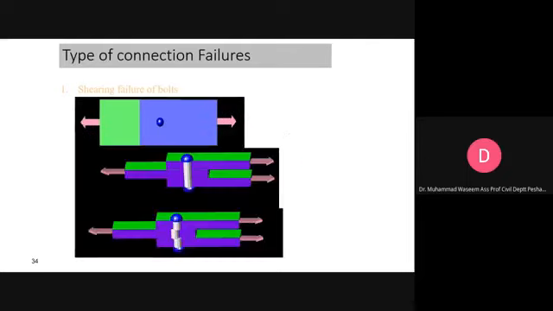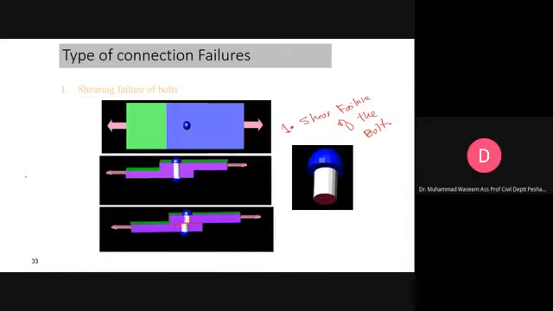The second, this is a butt joint. Now this is shear failure of the bolts, but just remember, in the case of a lap joint there is one shear plane.